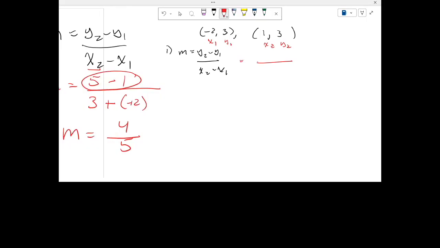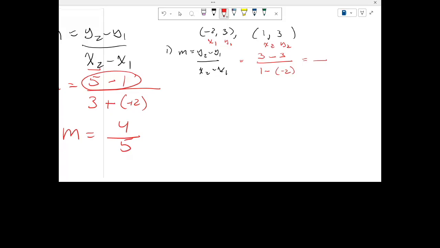All right, let's take a look. My number y2, everybody agree my y2 is a 3? Minus, because there's always a minus, y1, also 3. X2 should be a 1. Minus x1, y'all, looks like it's a -2. Okay.